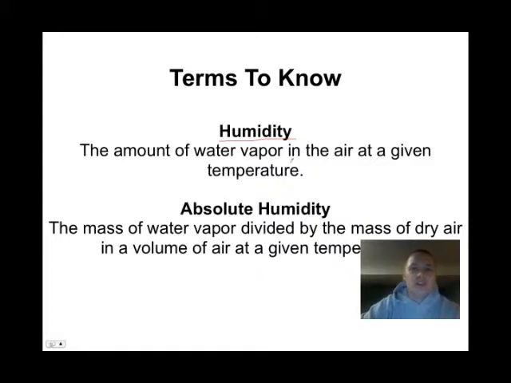Humidity, especially if you are a female during the summer, this is when your hair kind of just wigs out because of the amount of moisture that's actually in the air. And really what it is, it's the amount of water vapor that's in the air at a given temperature. So during the summer when it's really warm outside and there's a lot of moisture in the air, it's because the warmer it is, the more moisture that the air can actually hold.